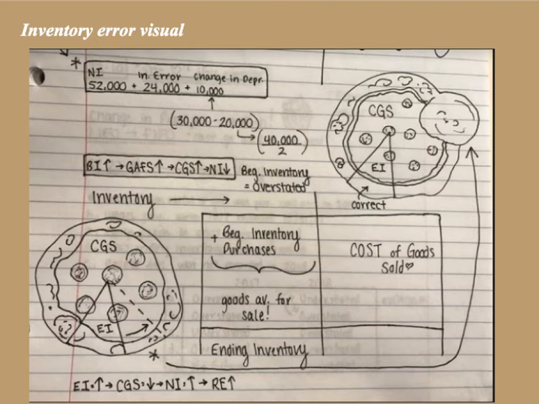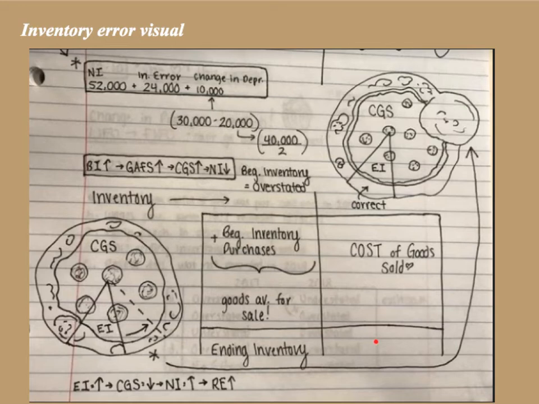And you do know that cost of goods sold is an expense. It is related inversely to net income, and as a result, your net income will be too high. Fewer expenses, meaning you will have higher net income. And net income, once you close it, will also cause an error in your retained earnings, and your retained earnings will also be overstated.